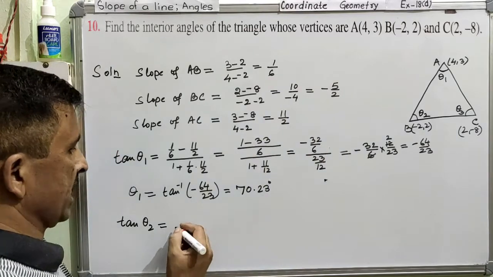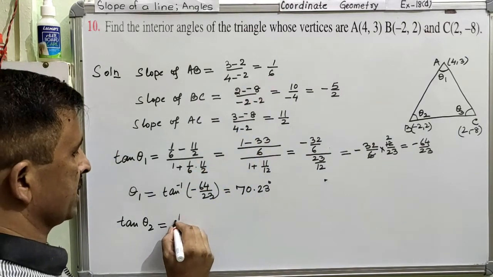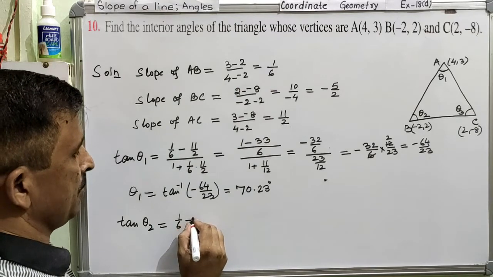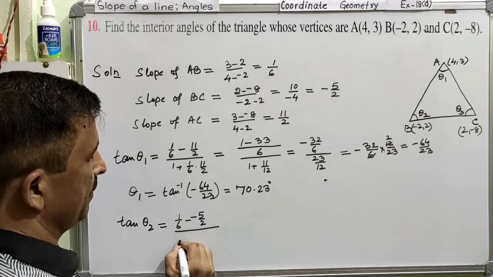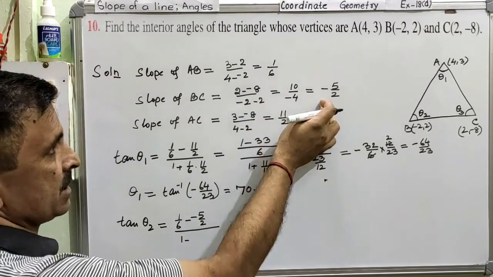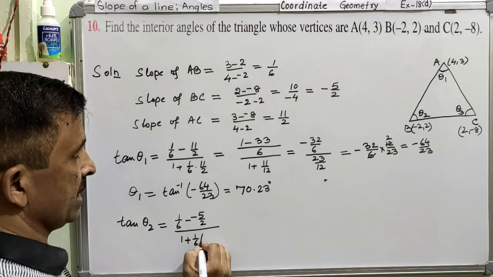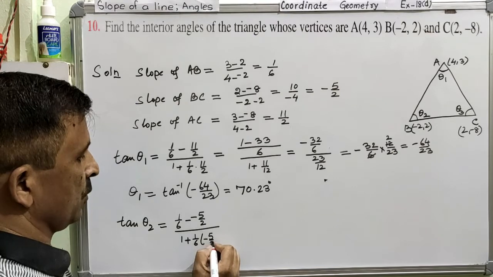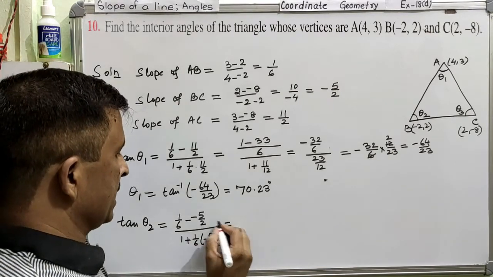So 1 over 6 minus 5 over 2 divided by 1 minus 5, because anyway let it be plus only. 1 over 6 into minus 5 over 2. I thought I can write this minus sign here. Okay, now this will be simplified.